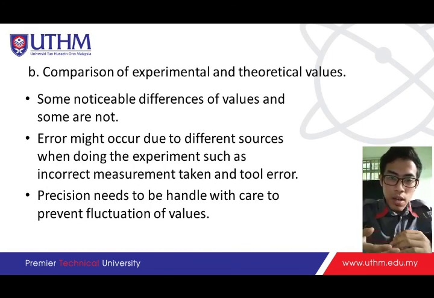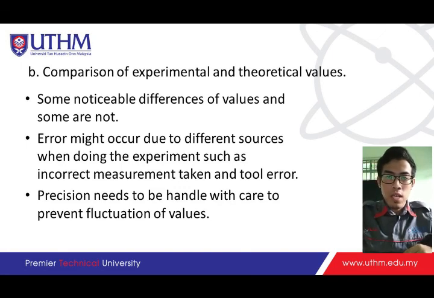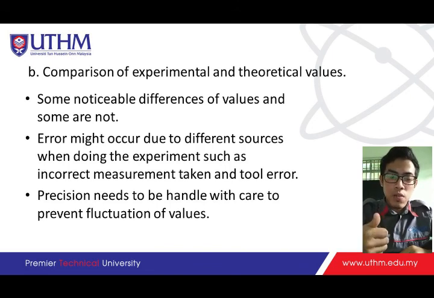Back to the previous video, I have already explained that there are some noticeable differences and some aren't. Maybe this is because the errors might come from different sources when doing the experiment, such as incorrect measurement-taking methods and tool errors.